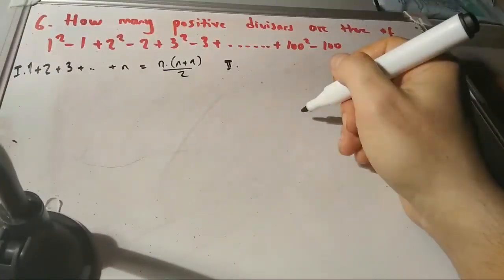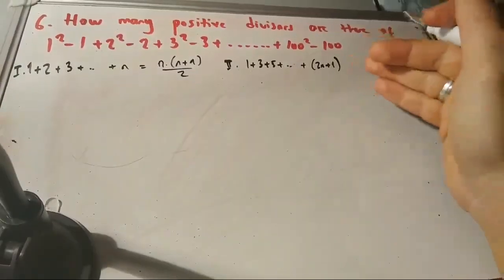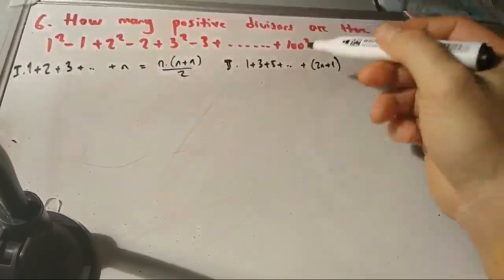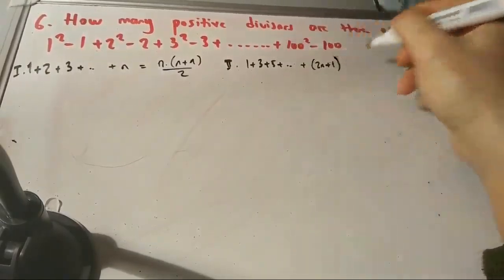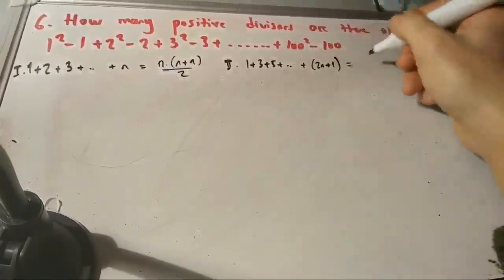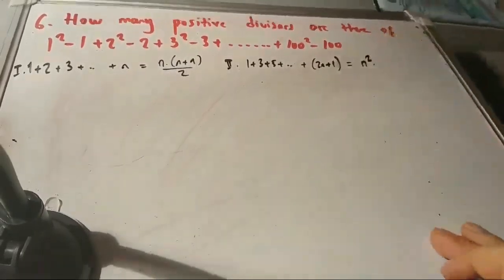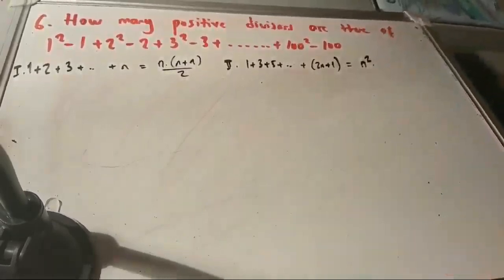It is the first. And the second, 1 plus 3 plus 5 plus till 2n plus 1, the sum of odd numbers, will be just n squared. It's easy to memorize.